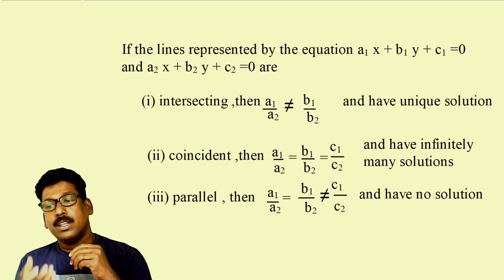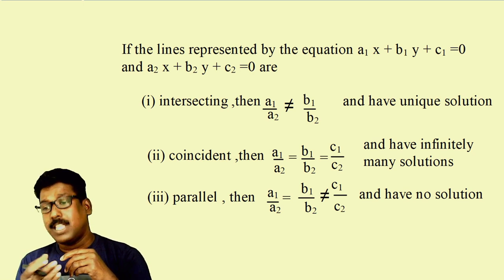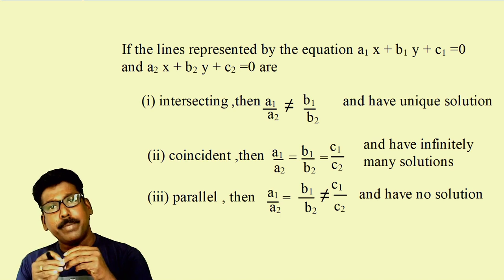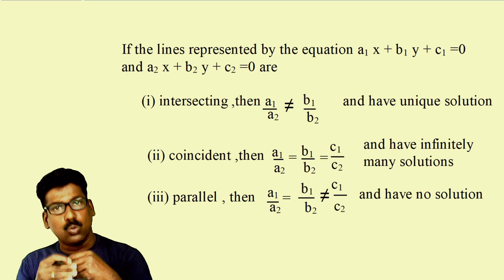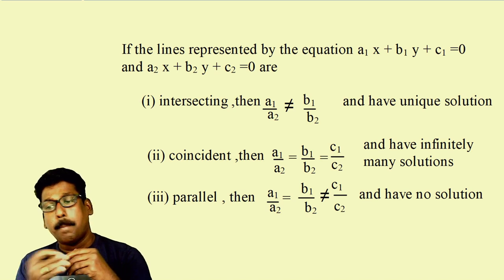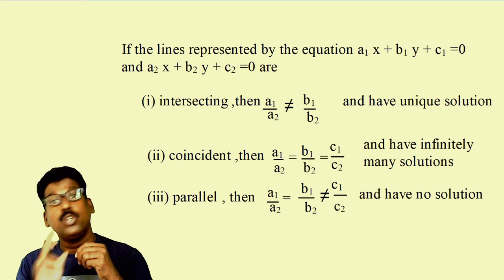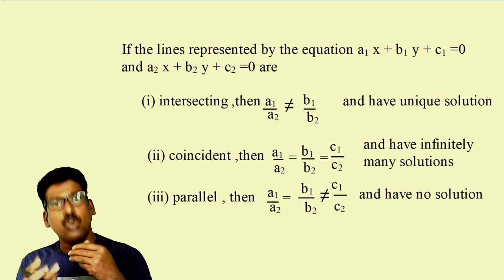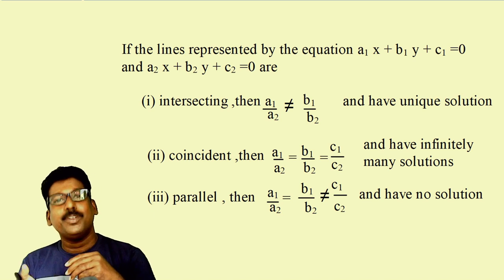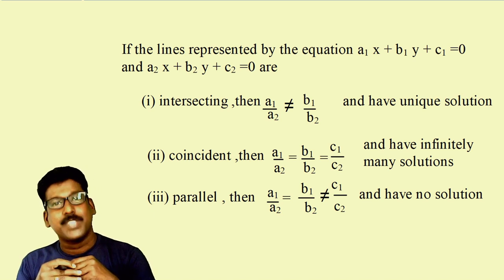If they are coincident lines, then a1 by a2 is equal to b1 by b2 is equal to c1 by c2, and you will get infinitely many solutions. And if parallel lines, then a1 by a2 is equal to b1 by b2 not equal to c1 by c2, and they have no solutions.